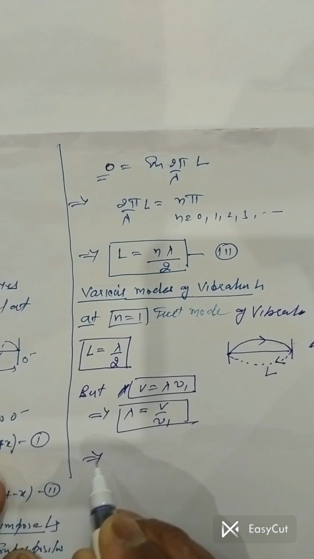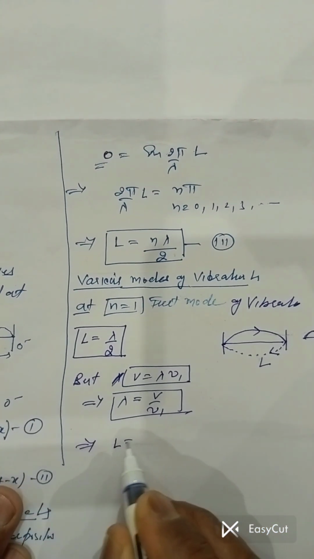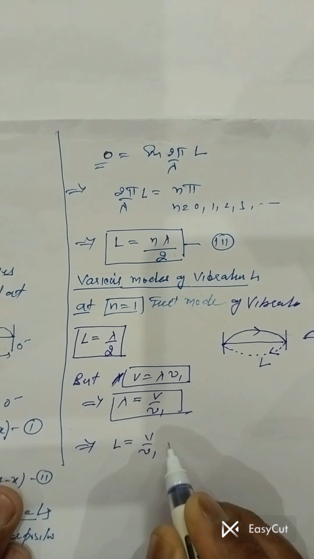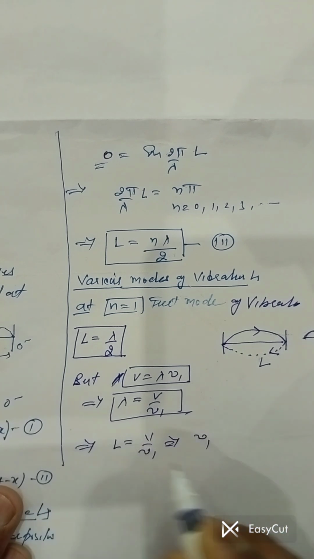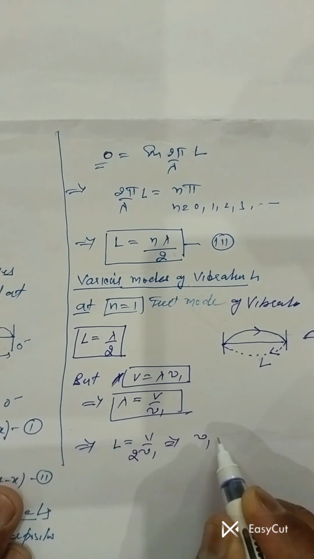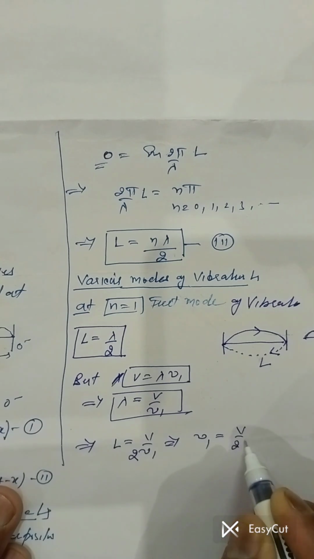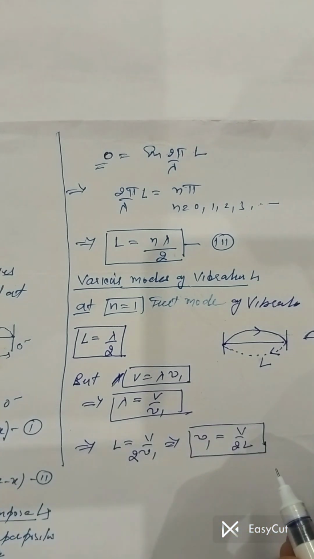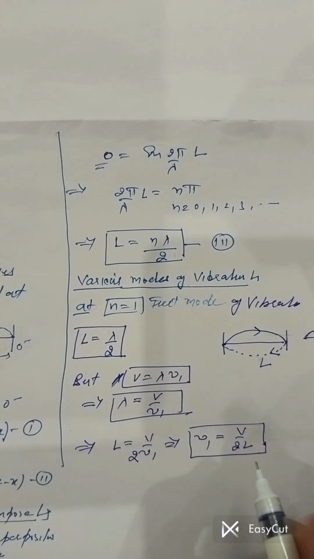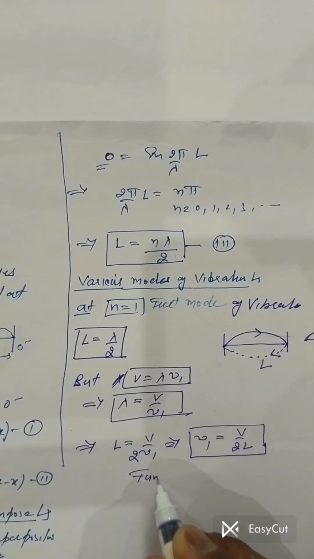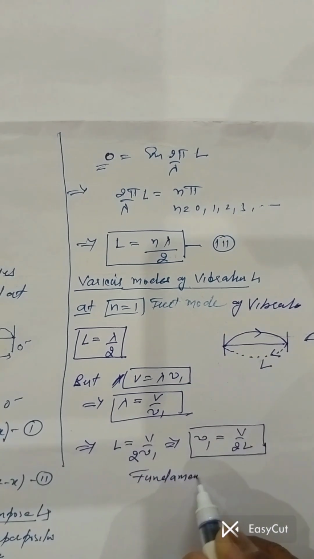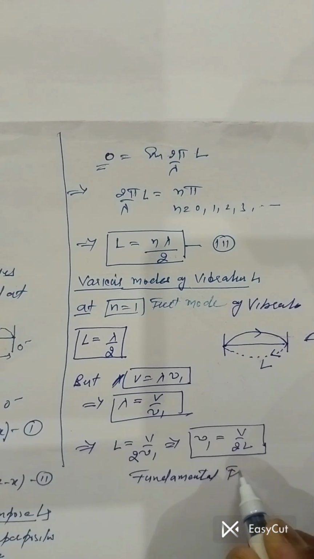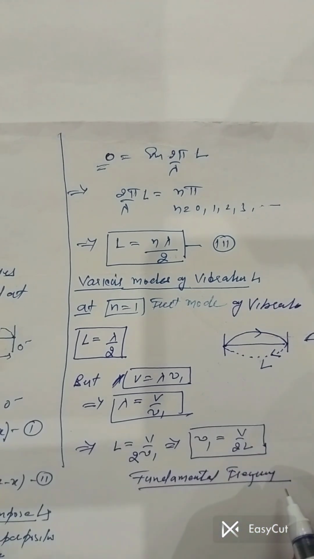This implies that L is equal to V upon nu 1 by 2, or we can say that nu 1 is equal to V upon 2L. So this is the first mode of vibration. This is also called fundamental frequency. Nu 1, fundamental frequency.